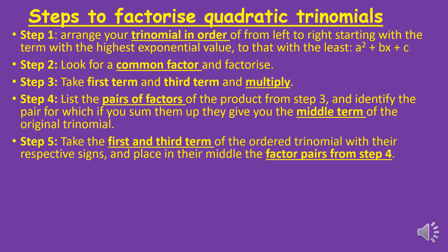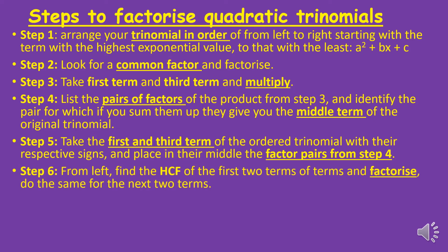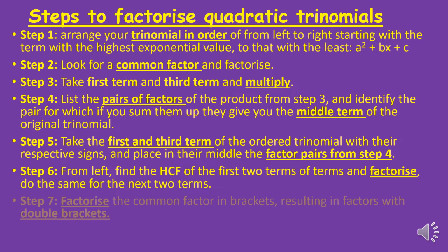Step 5: take the first and third terms of the ordered trinomial with their respective signs and place in the middle the factor pairs from step 4. Step 6: from left to right, find the highest common factor of the first 2 terms and factorize. Do the same for the next 2 terms.